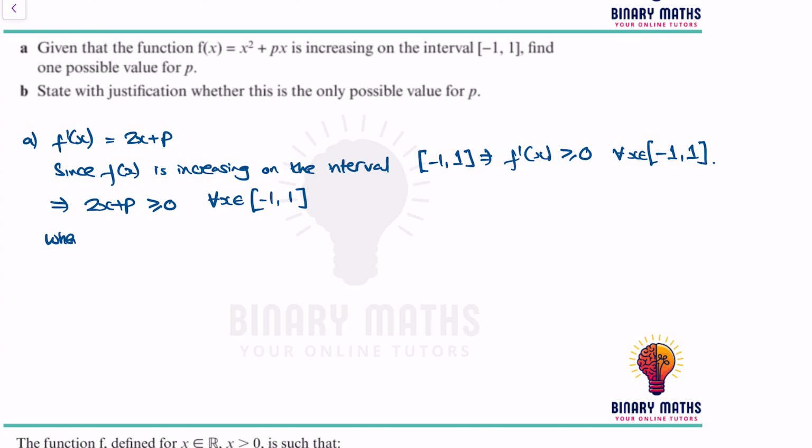When x equals negative 1, 2x plus p is greater than or equal to 0 becomes minus 2 plus p is greater than or equal to 0, which implies p is greater than or equal to 2.